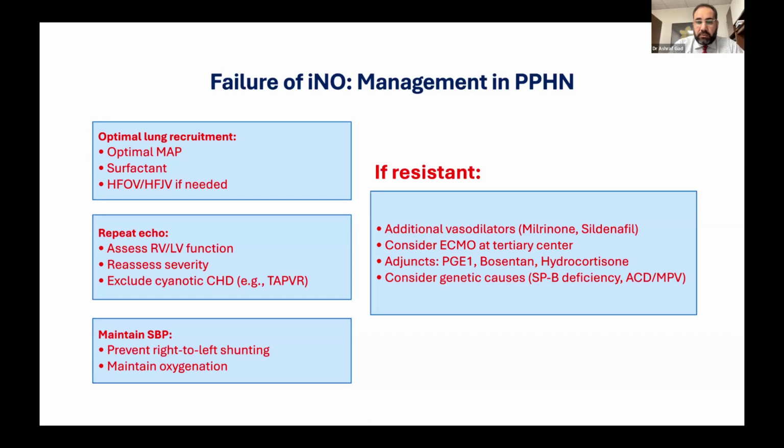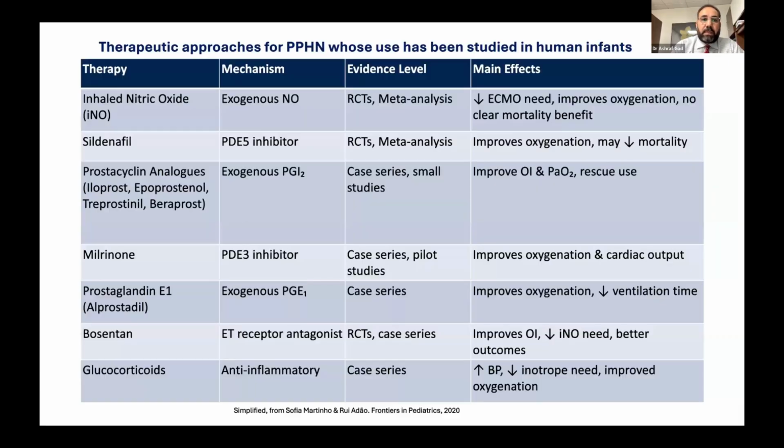So at least you have a dialogue with them, and then decide should the baby be transferred before getting sicker. And some babies wouldn't make it actually to an ECMO center. You have to think also of rare conditions that can cause significant intractable PPHN and need ECMO for sure.